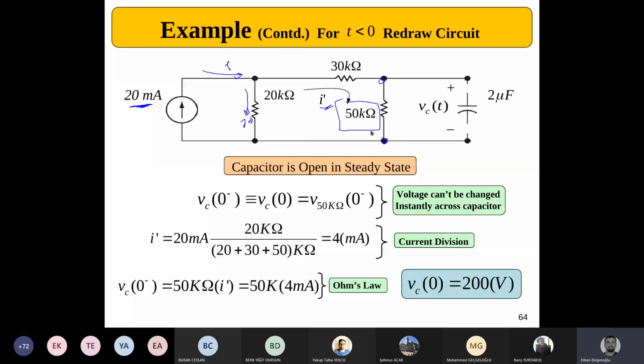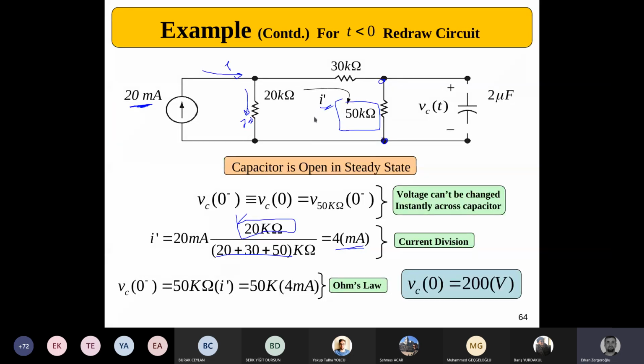I know there are also other methods. You can use source transformation in some manner and try to find the voltage. But using current division here seems to be a nice idea to me, and that's why I use that. In current division, you multiply with the other resistance, that's 20, and divide by the total resistance. That's 4 milliamps passing through here.